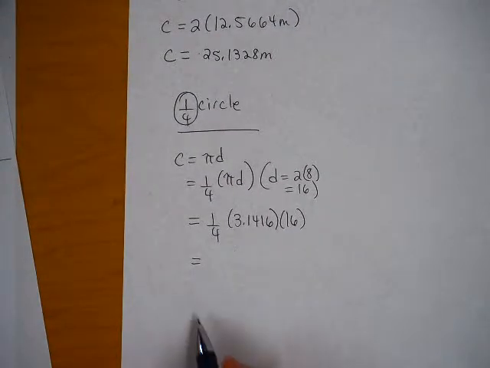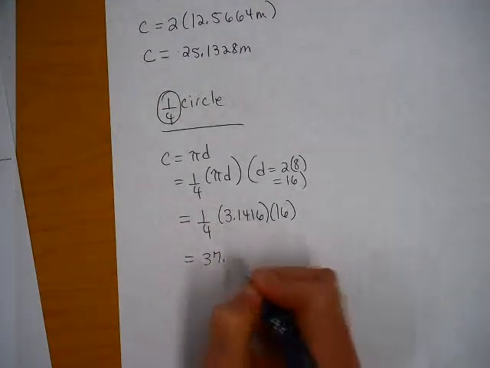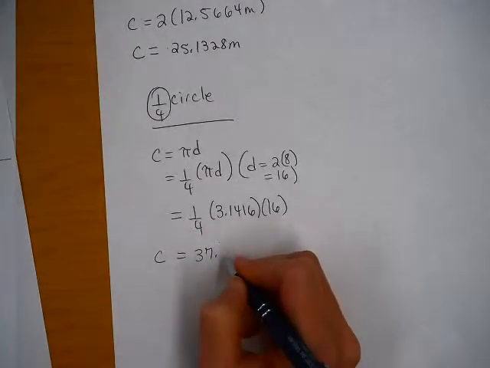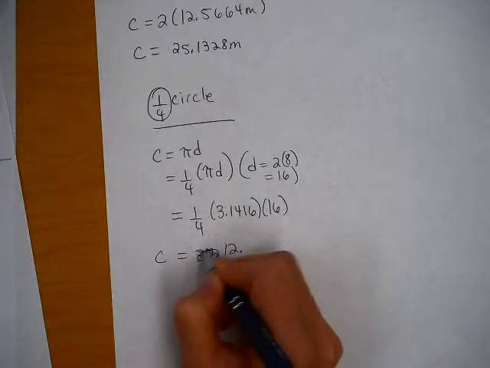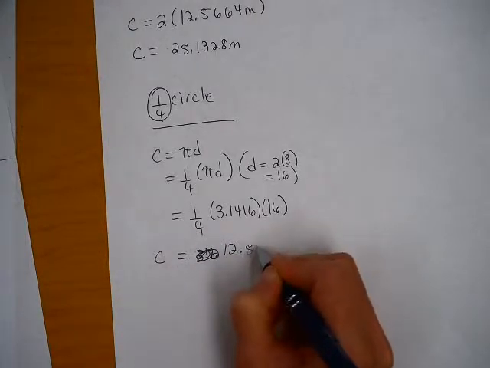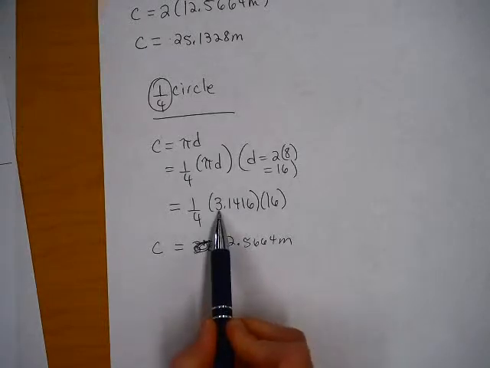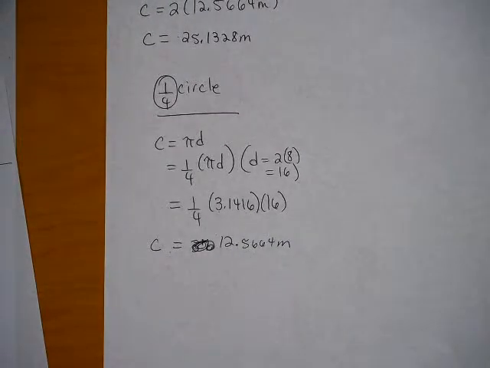And so the 1/4 of circle would have a circumference, or a perimeter, in other words, of 12.5664 meters. When you multiply 0.25 times 3.1416 times 16, this is your circumference.